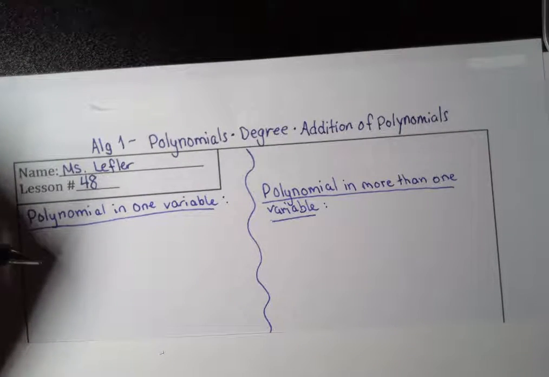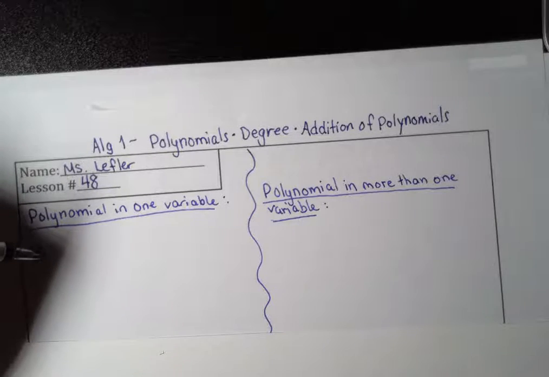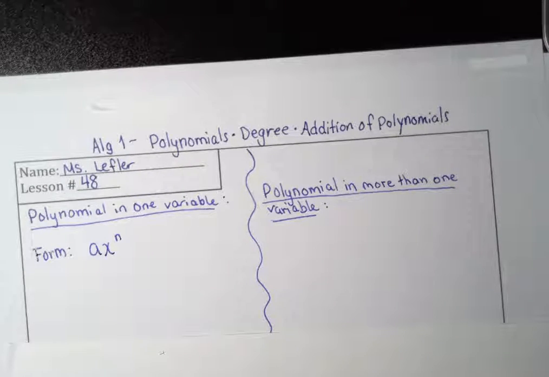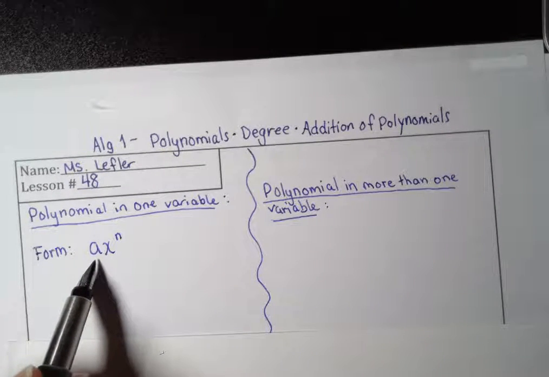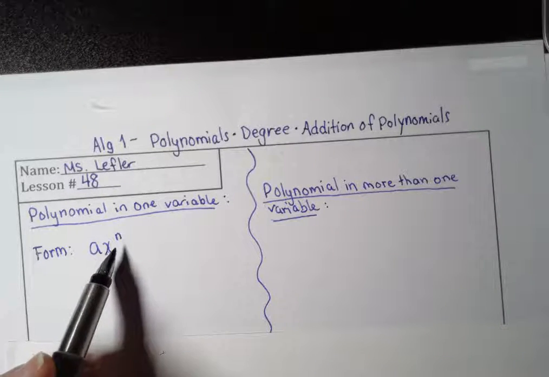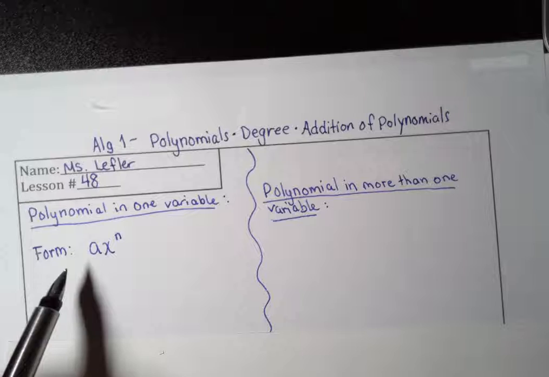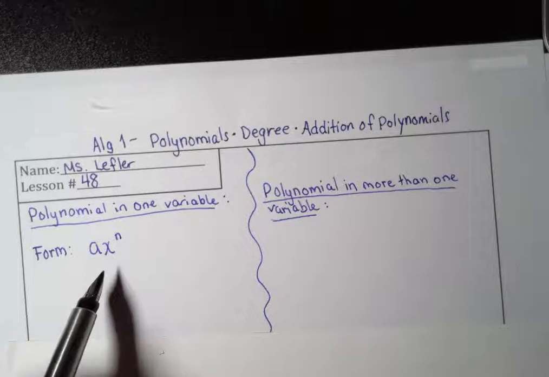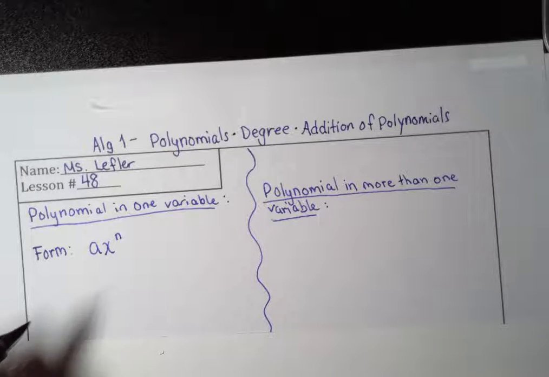The form of the polynomial would be something like this, ax to the n. So the a is the coefficient, the number that's multiplied by x, and the n is the exponent of x. And you could just have one term like this, or you could have a whole bunch of terms added together.